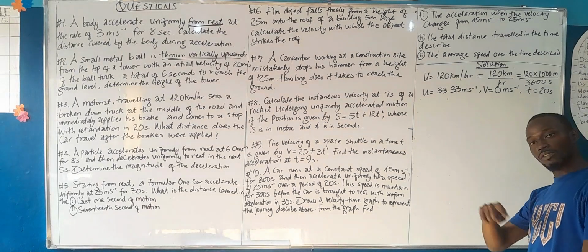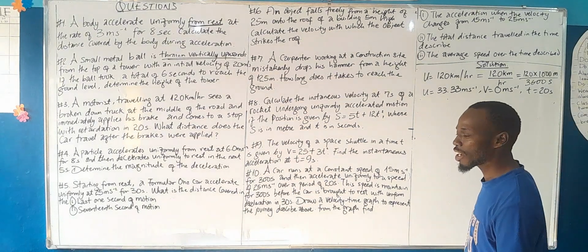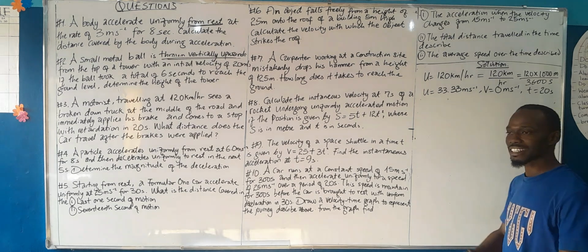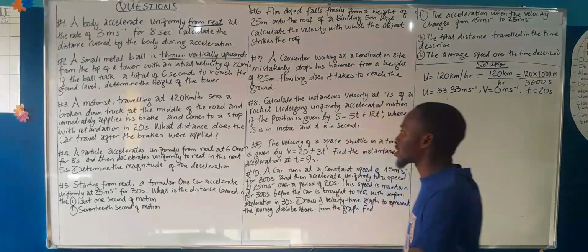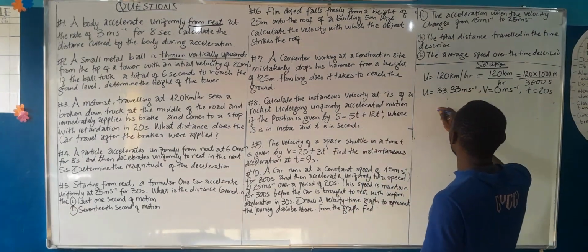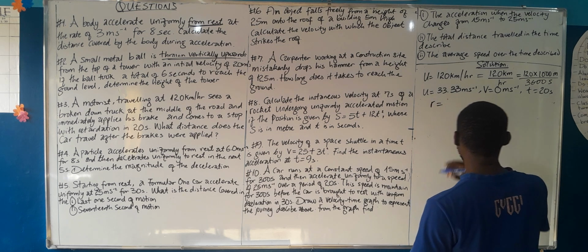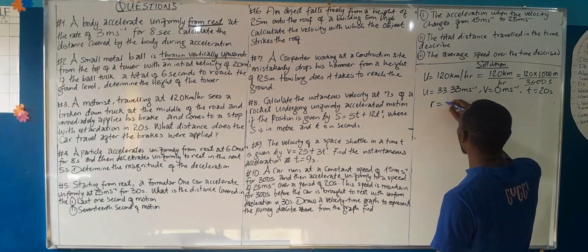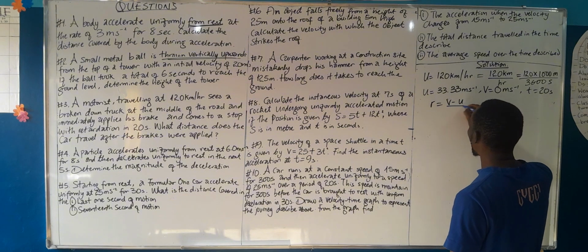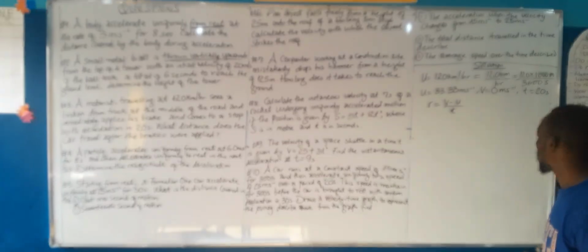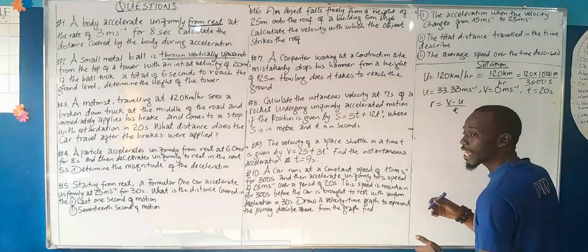Retardation is the opposite of acceleration. It is the negative value of acceleration. So retardation is when it's coming to rest. The formula for retardation, and I'll use R, is the same as for acceleration, V minus U over T, just that this will have a negative value.